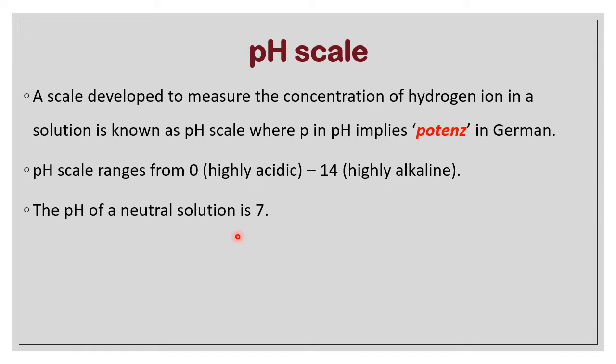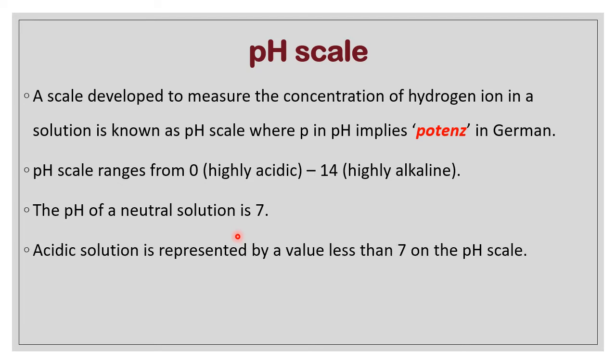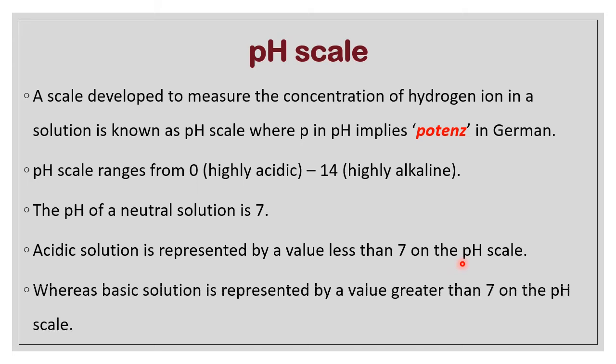So 7 is taken as the middle point of the pH scale, where it is neither acidic nor basic, it is neutral. And the water we drink every day has a pH of 7, it is neutral. An acidic solution is represented by a value less than 7 on the pH scale, whereas a basic solution is represented by a value greater than 7 on the pH scale.